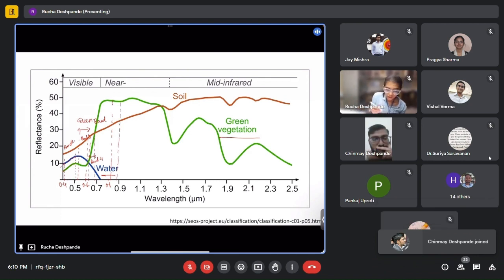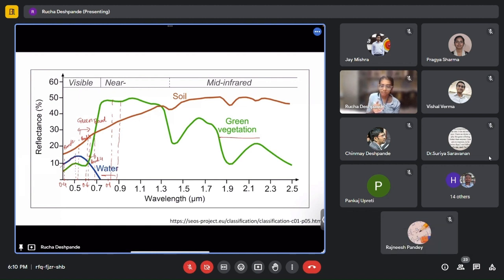In this range, the spectral reflectance of water is almost zero. So water is not reflecting at all, and the water pixels will appear the darkest in this band. So this is my band 5. This is the NIR band.